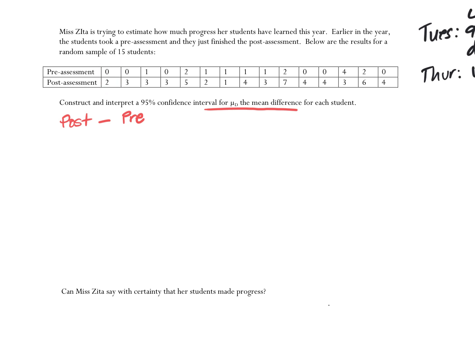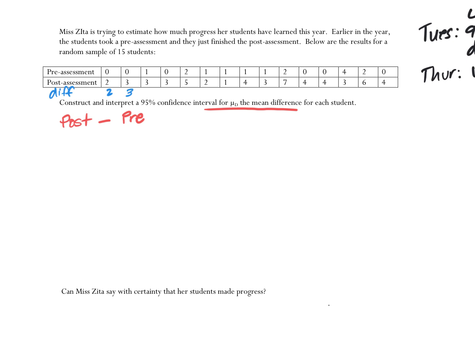So we're going to create this other row. And for each student, let's go through and do what is their post-test score minus their pre-test score. So as I look for this first person, I would be doing 2. They went from a 0 to a 2. So 2 minus 0 is 2. And then 3 minus 0 is 3.